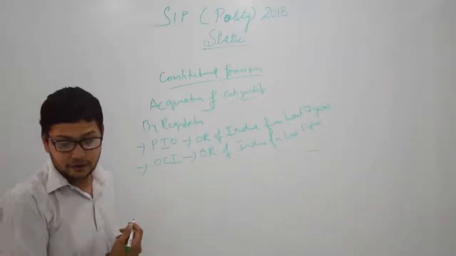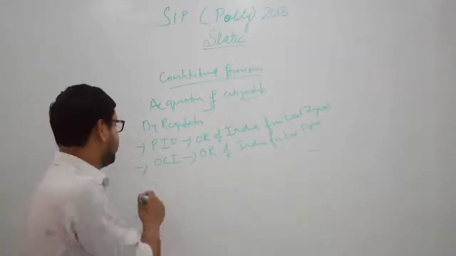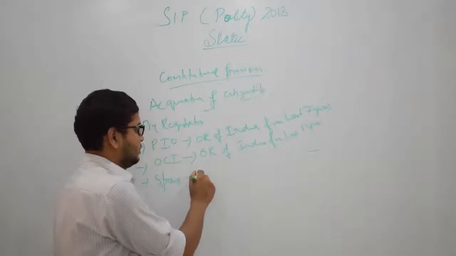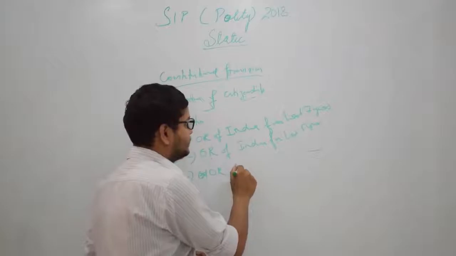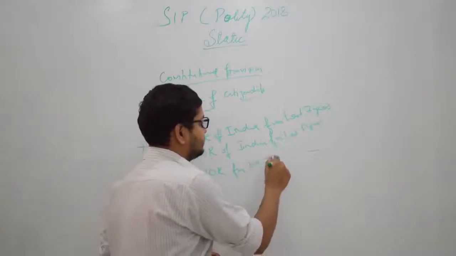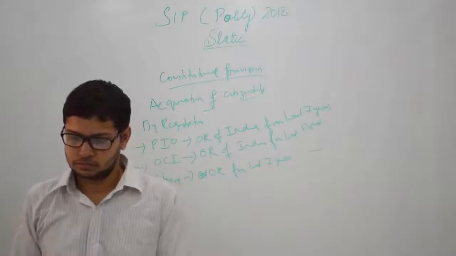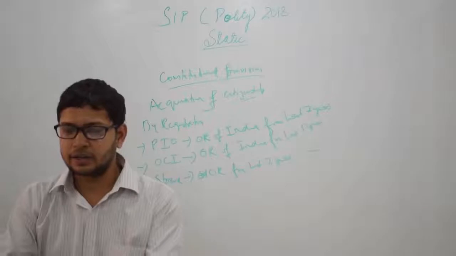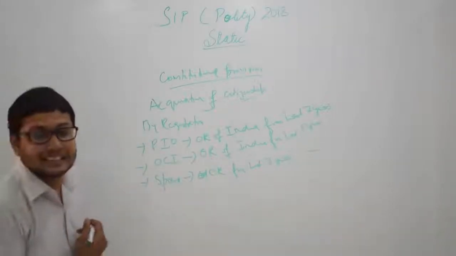Or if somebody is married to a citizen of India and is an ordinary resident, the spouse, same criteria, ordinary resident for the last 7 years. Or those people who are minor children of persons who are citizens of India.